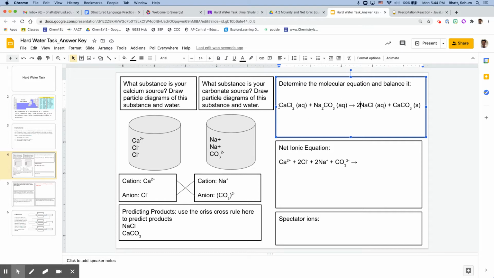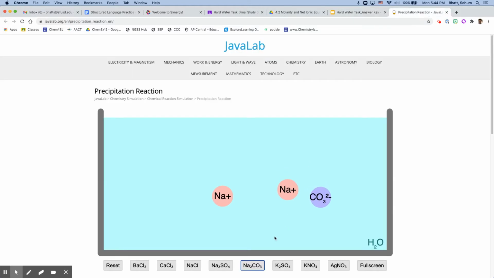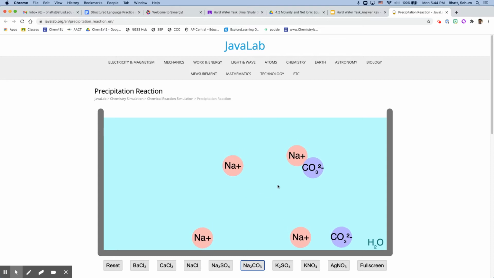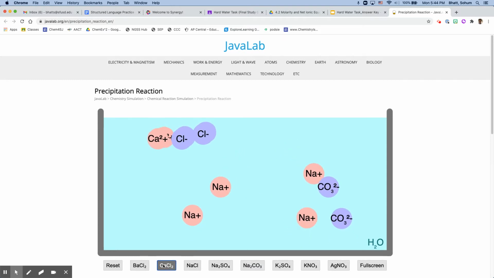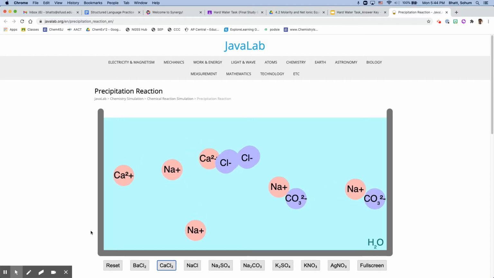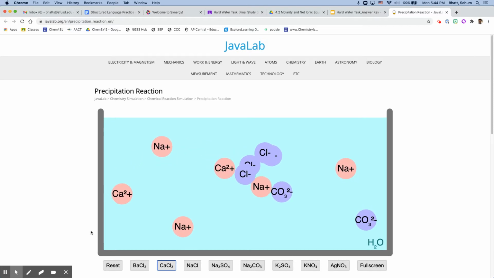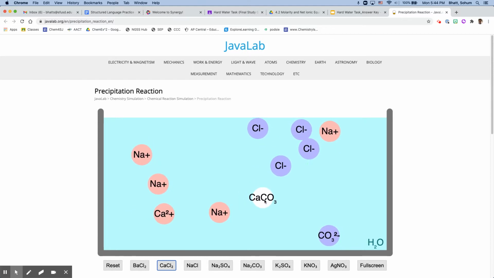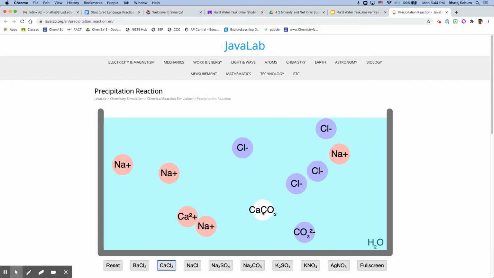I can also check this balanced equation by doing it actually on here. So let's say I have my sodium carbonate right here. I add my calcium source back in. And now if I let everything play out, you'll realize that the calcium and the carbonates attract to each other to form CaCO3, which is exactly what we have in our equation.